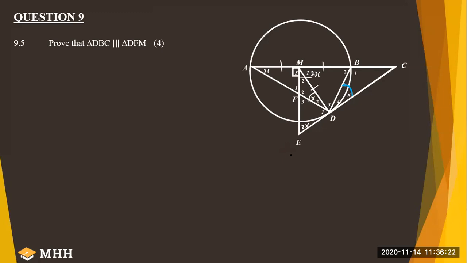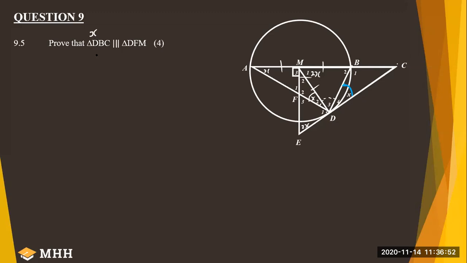I think I've got everything here. Right. Okay. Triangle DBC. Let's see, where is it? DBC. Okay, there's triangle DBC. What I often do is, can you see DBC? Can you see this angle D is an X?